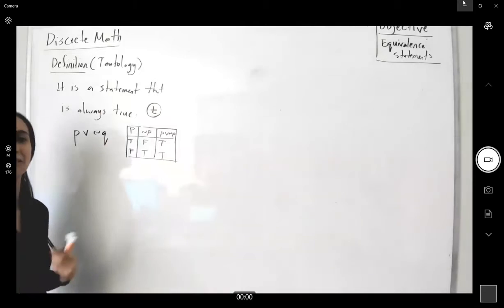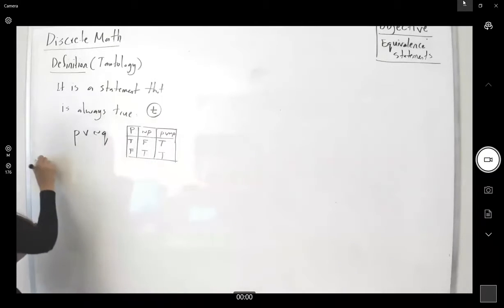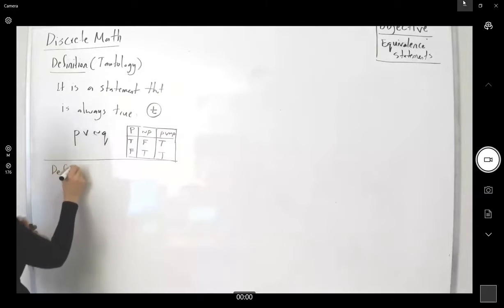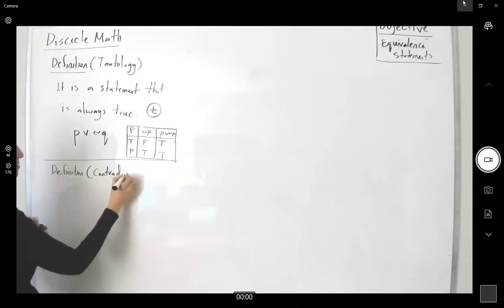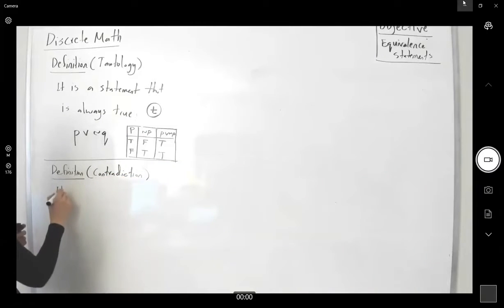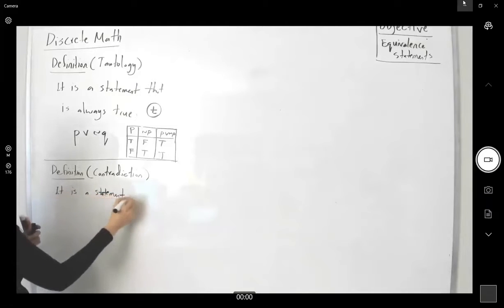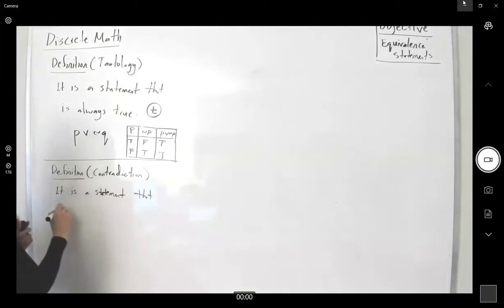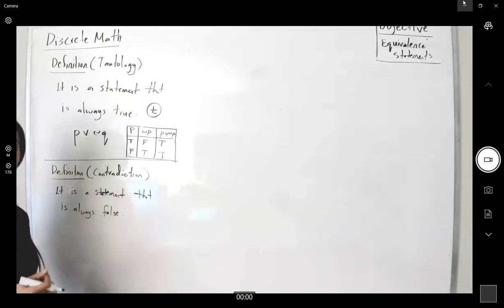A statement which is always false is called contradiction. It is a statement that is always false. Let me give you an example.